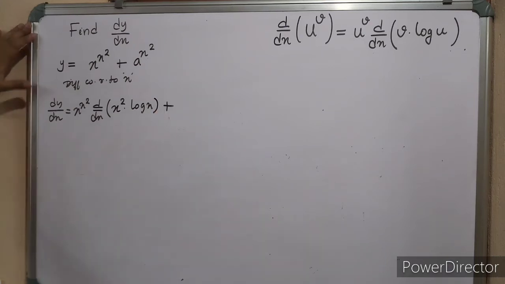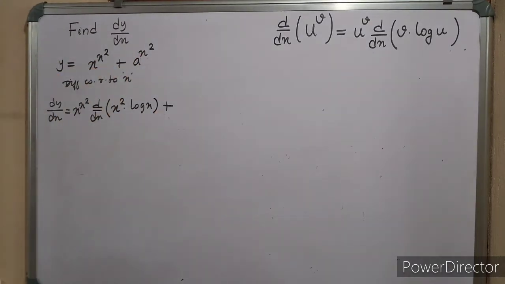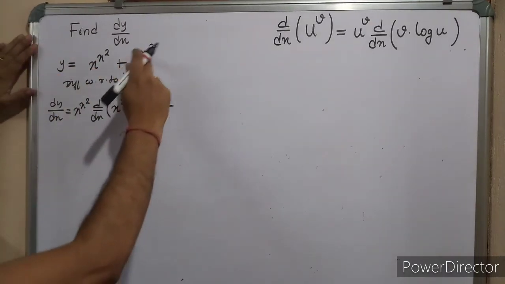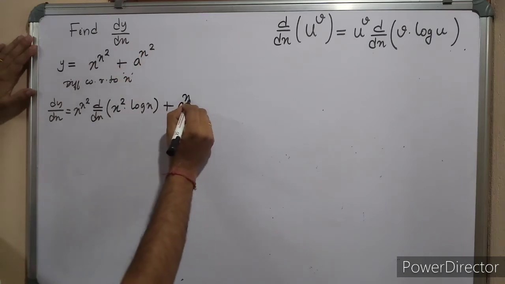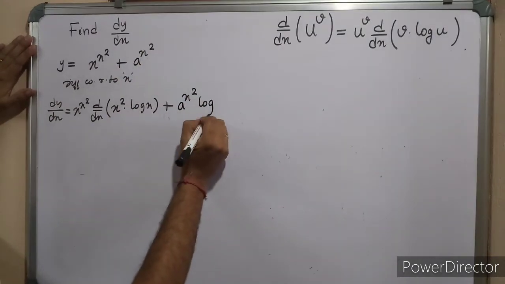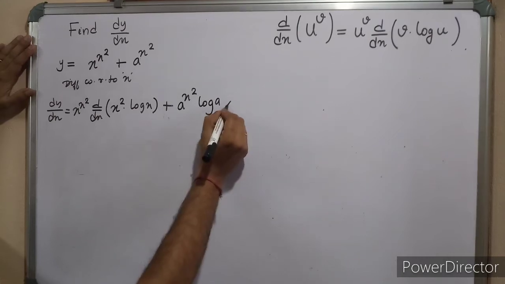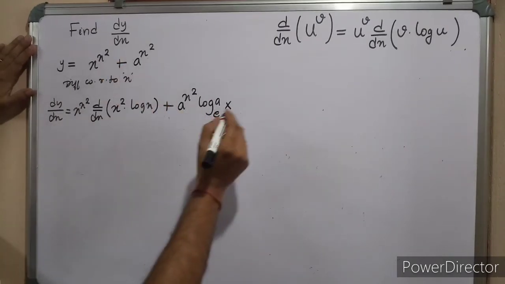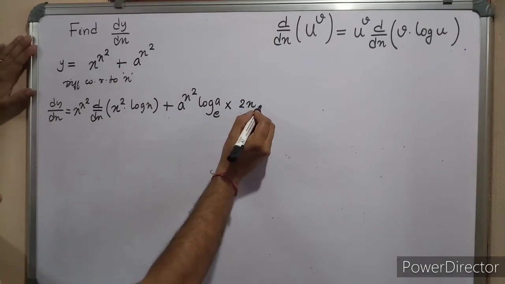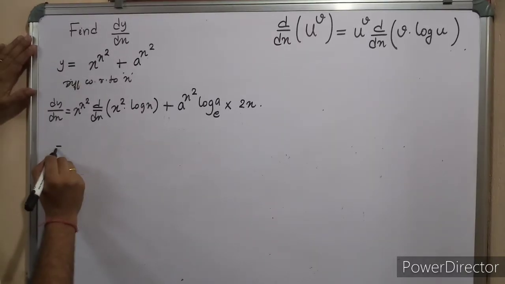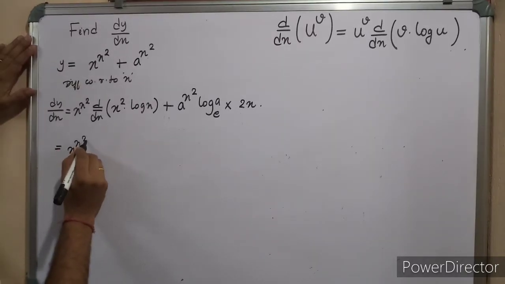Plus, now the derivative of a to the power x square uses the a to the power x formula. The derivative of a to the power x square is a to the power x square log a to the base e into the derivative of x square, which is 2x. Now then this is x to the power x square.